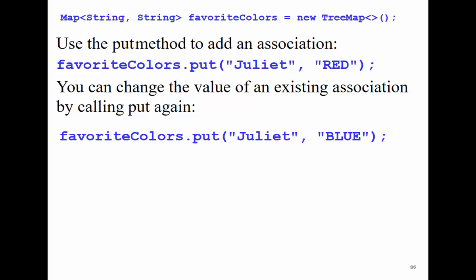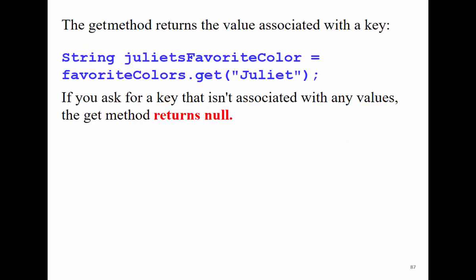Then we can change the value of Juliet inside the map by putting both Juliet and blue. We can ask to retain the value. The value of the color is a string data type. So we can ask what is the color associated with the key Juliet, and we retain a string data type. And we retain null if the key is not there.